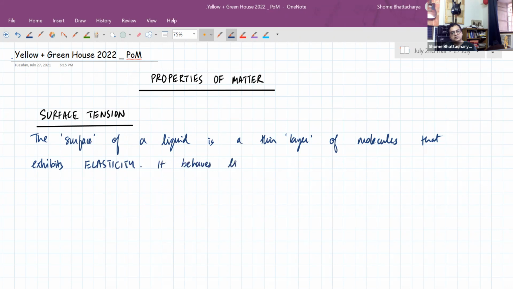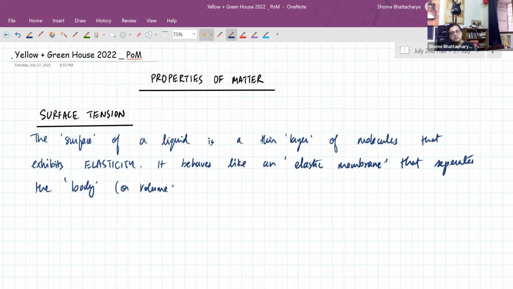It behaves like an elastic membrane that separates the body or volume of the liquid from its surrounding environment.